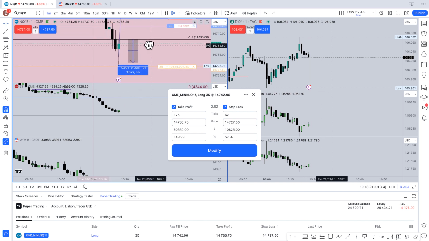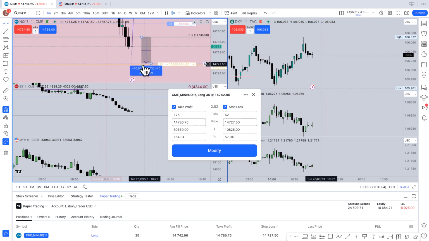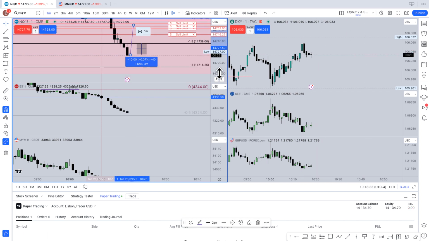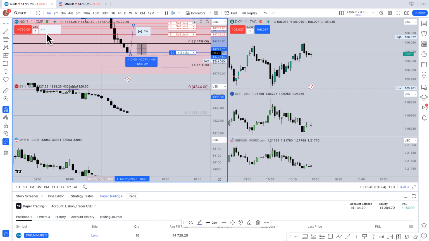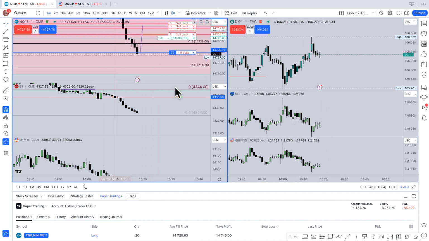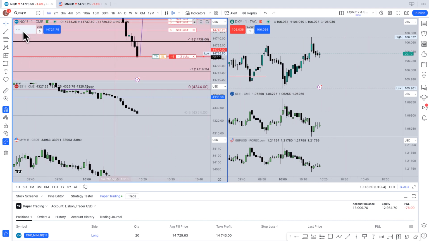So here we have 10 handles from this level. Yeah, I did grab the stops. Buy it again. Might want to revisit that level below. No, I went.